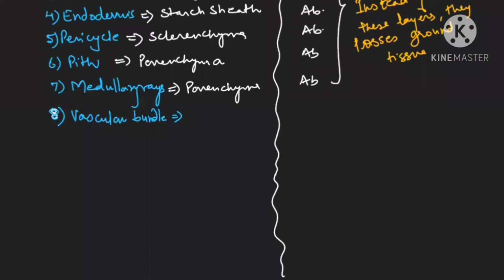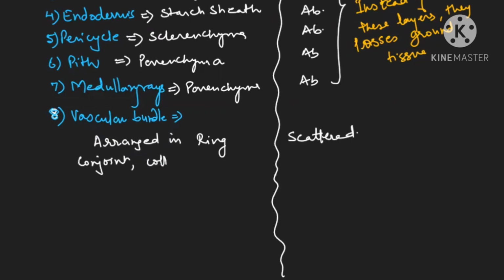To understand the vascular bundles: here vascular bundles are arranged in a ring. And here we will say they are scattered. Here they are conjoint, collateral, and open.